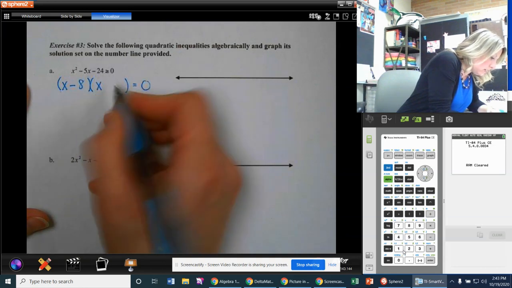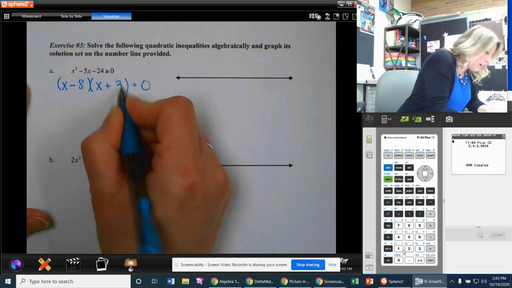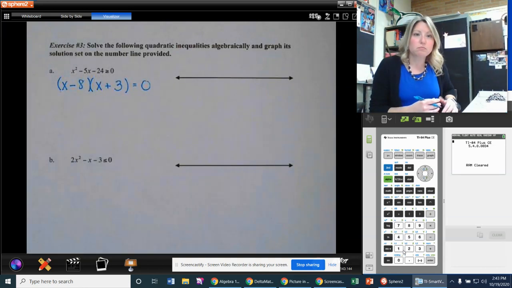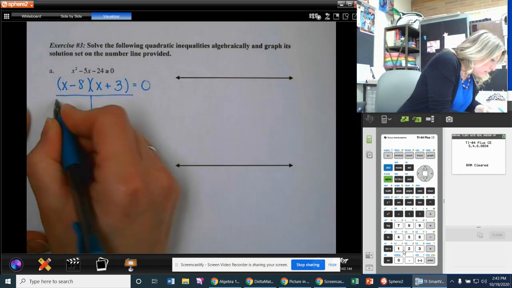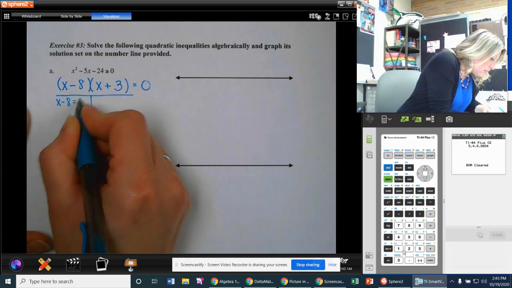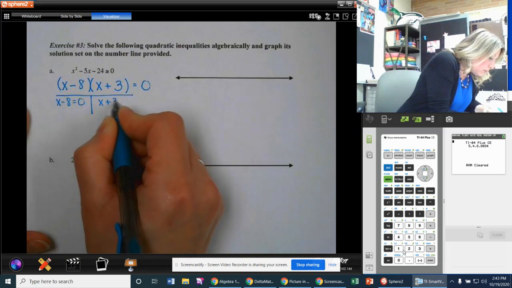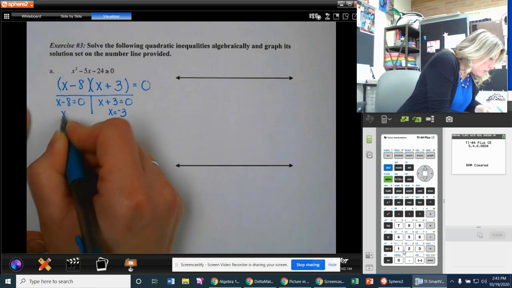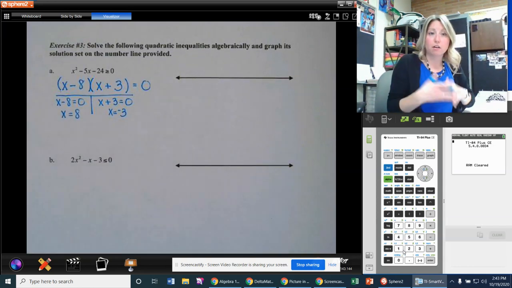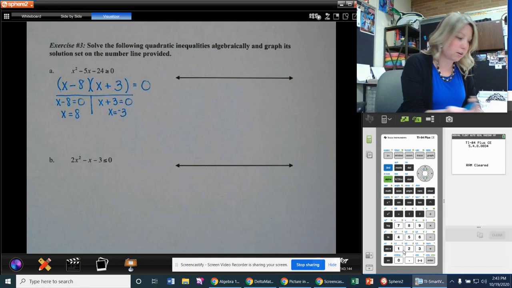And since end is negative, the other factor gets the other sign. Now we t-chart, we're pretending an equal sign, right? X minus 8 equals 0, x plus 3 equals 0. We get x equals -3 and x equals 8. And so those are our numbers in question to put on our number line.